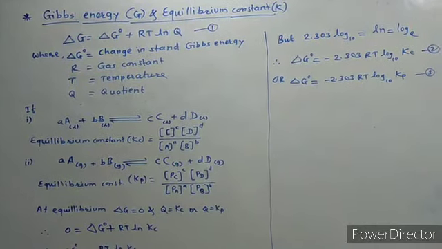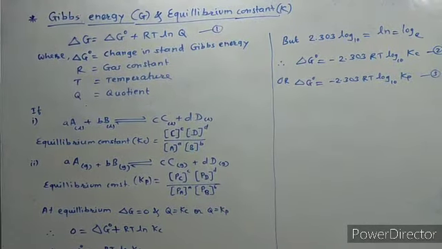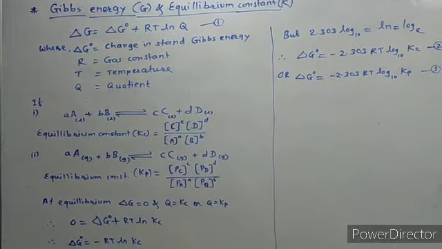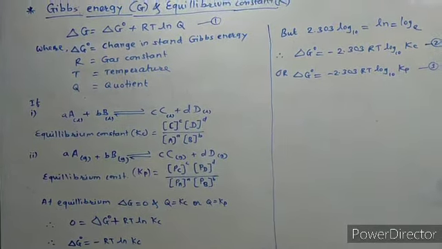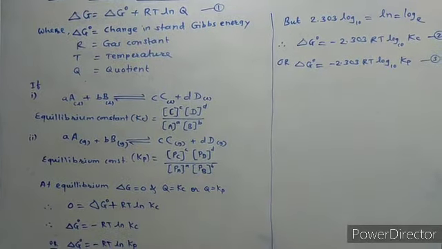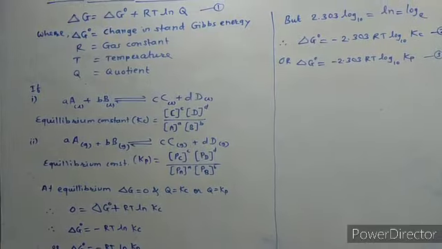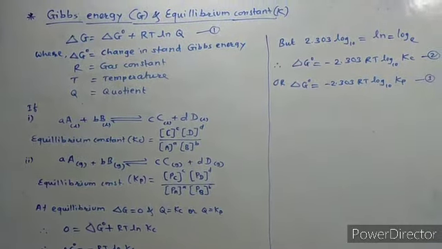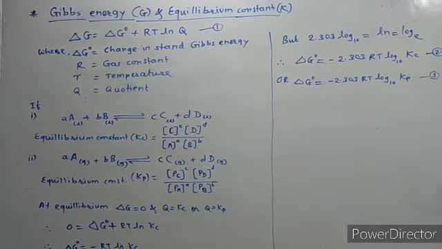R is the gas constant, T is the temperature, and Q is the reaction quotient. If the reactants and the products are in the liquid state or in the gas state, depending upon the phase of the reactant and the product, we can find out the value of Q.